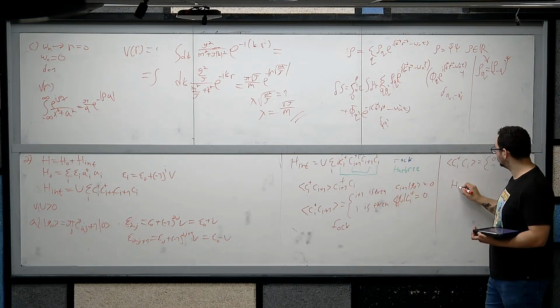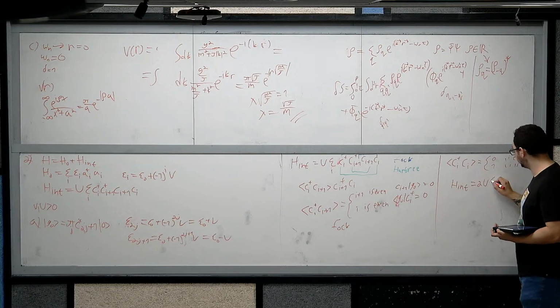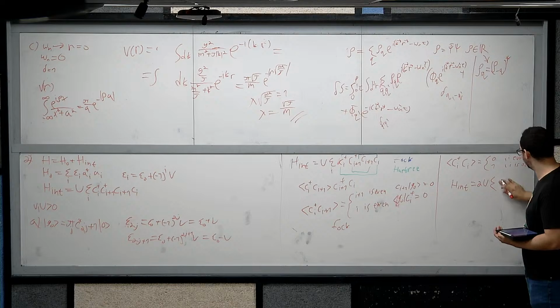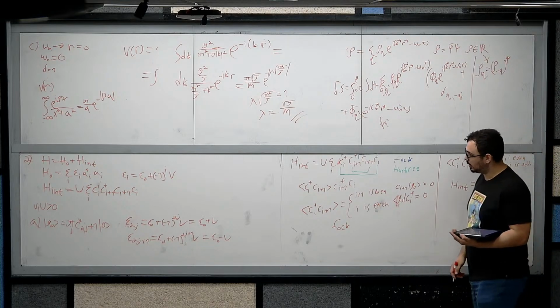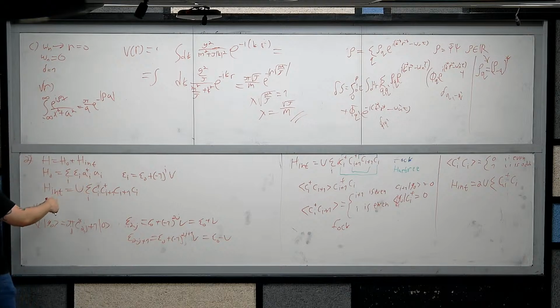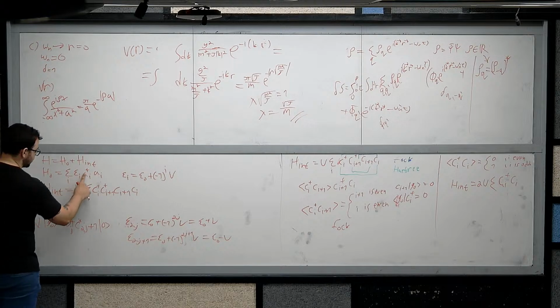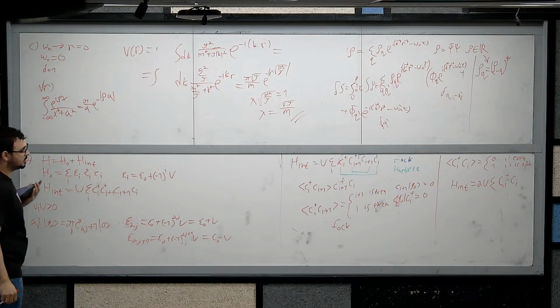So H int equals 2U sum over Ci. Because it's the same term here, I accidentally wrote it. It's the same term.